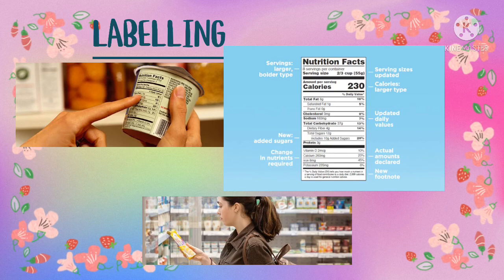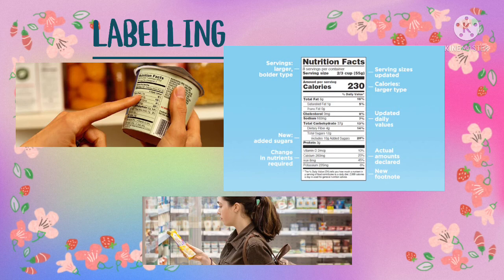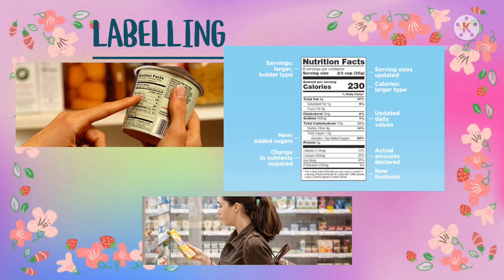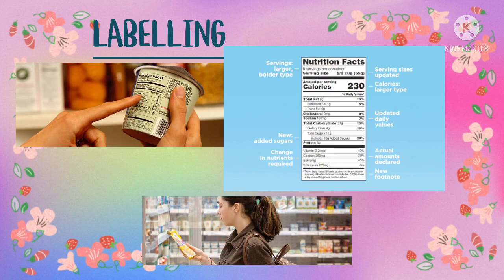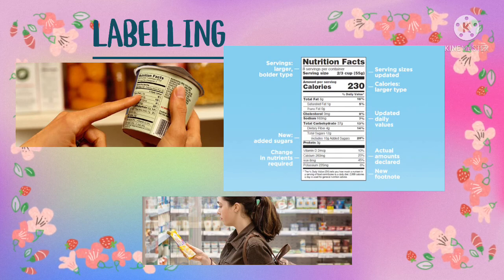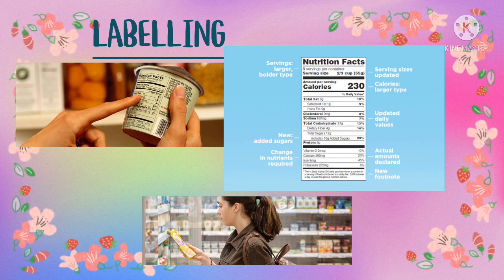A label is the carrier of information. It provides information like the name of the product, name of the manufacturer, contents of the product, expiry and manufacturing date, general instructions for use, weight, price, etc. So labels are attached on the product to provide some information to the customers.